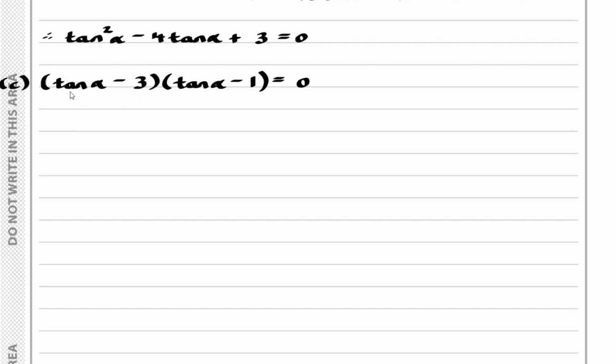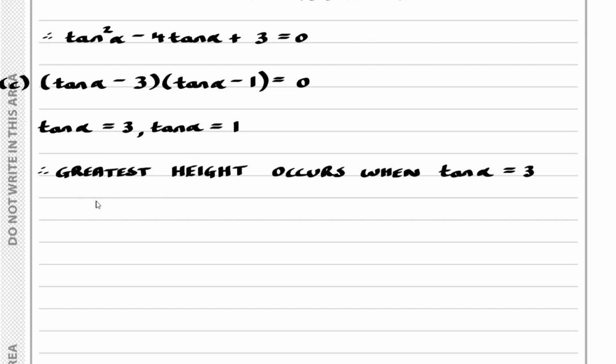We can factorize this as tan alpha subtract 3 multiplied by tan alpha subtract 1, and this is equal to 0, which means then tan alpha is equal to 3, or tan alpha is equal to 1. And the greatest height occurs when tan alpha is equal to 3.